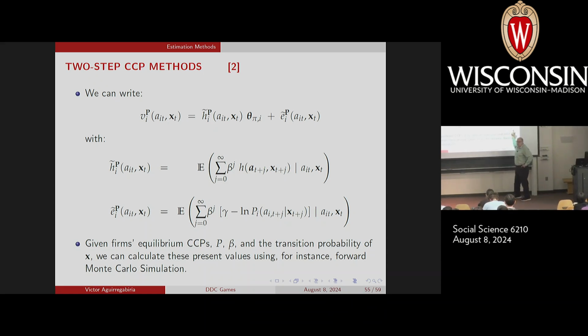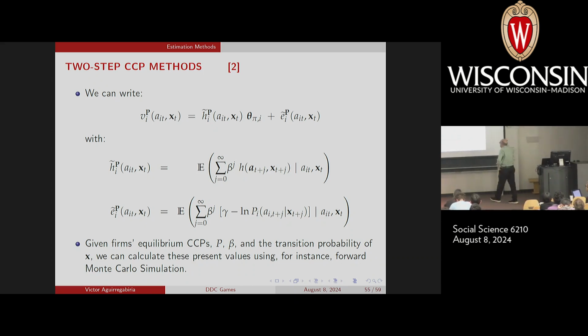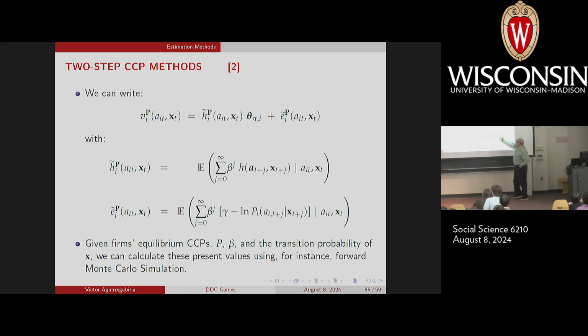Given that we know the choice probabilities and the transition probabilities of the state variables, I can simulate actions and state variables, obtain paths of simulations, and use them to approximate these expectations.